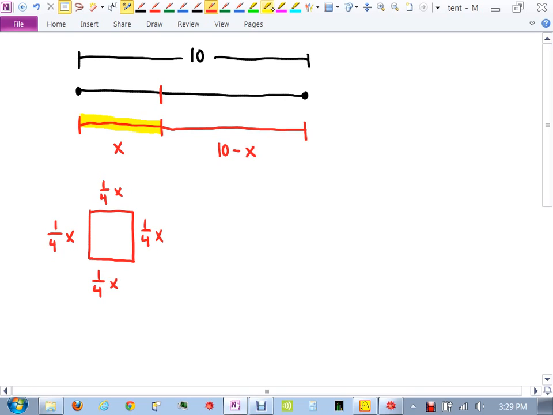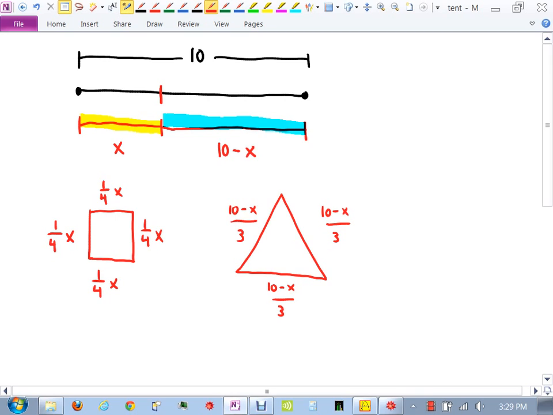Now the other part, we form it into an equilateral triangle. That means I took the 10 minus x and cut it into 3 equal pieces, right? So each side is 1/3 of 10 minus x. Those are just the lengths of the sides.